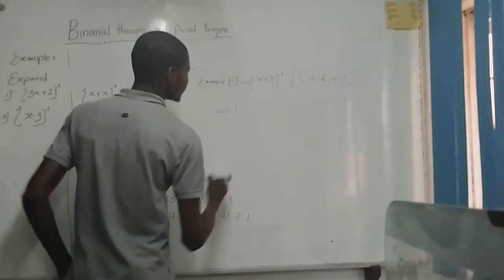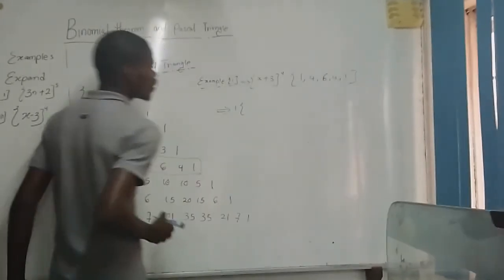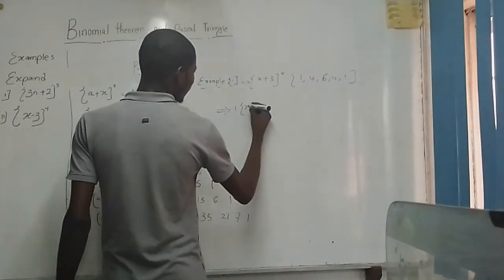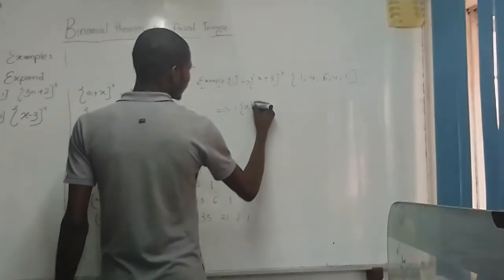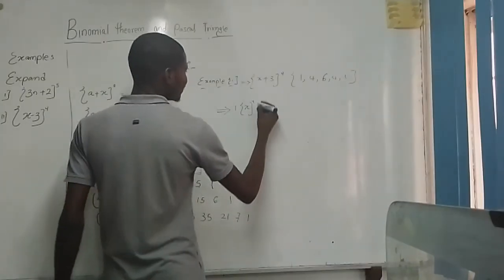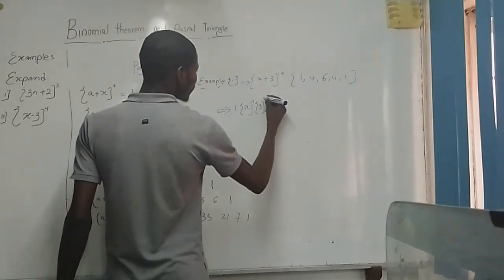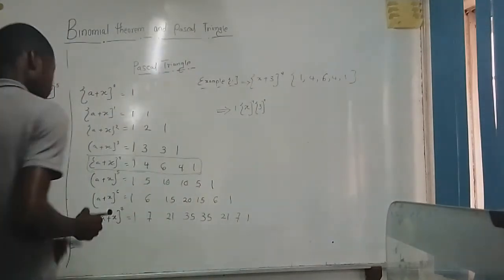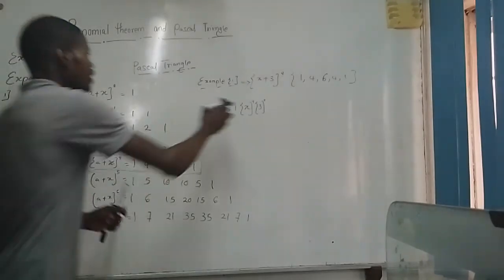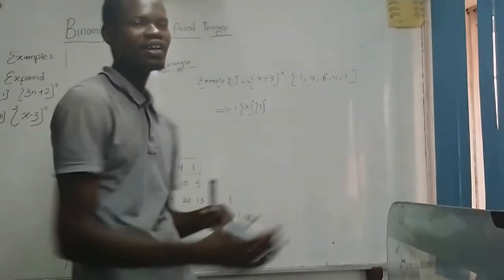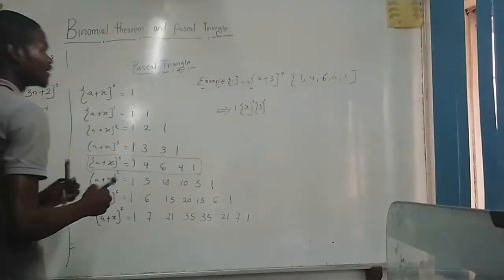We are going to have 1 times x raised to power 4, then 3 raised to power 0. So the power of x and the power of 3 are going to be what? Decreasing and increasing.